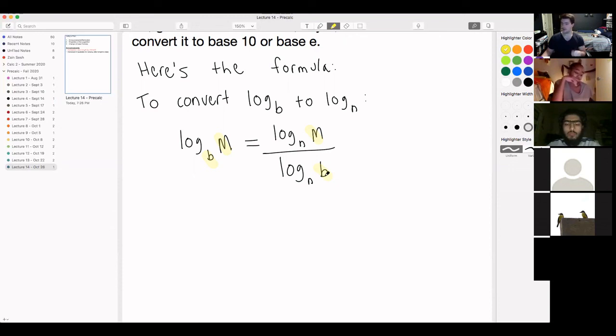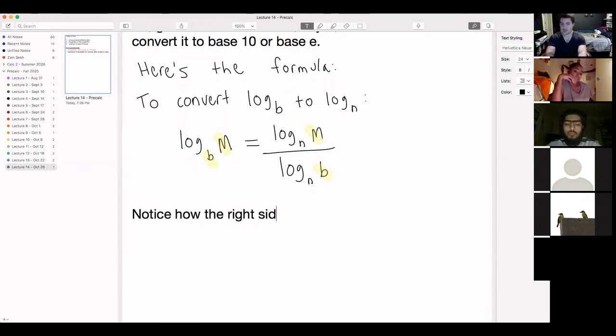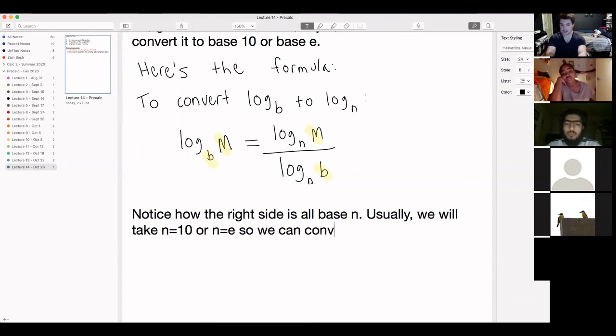Notice how the right side is all base n. As I said, usually we will take n to be 10 or n to be e, so we can convert to base 10 and base e respectively.